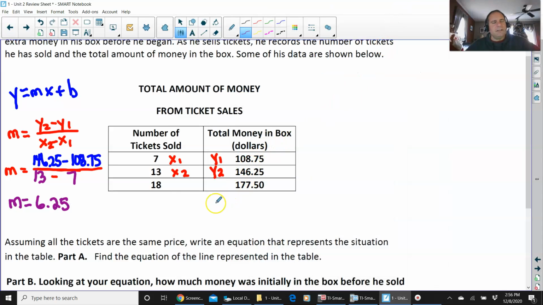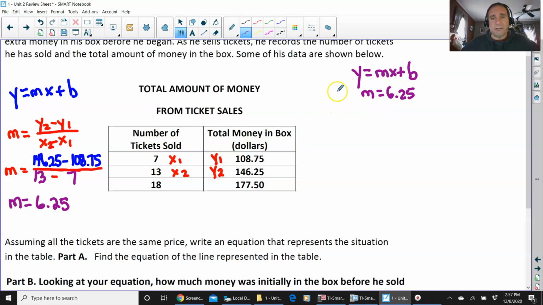All right. So I'm almost there. Y equals, I have the m. I have mx plus b. And then I have the m is 6.25. But I have no y-intercept. There's a couple of ways you can do this. I'm going to show you using the point slope formula, I have a slope and I have a point.